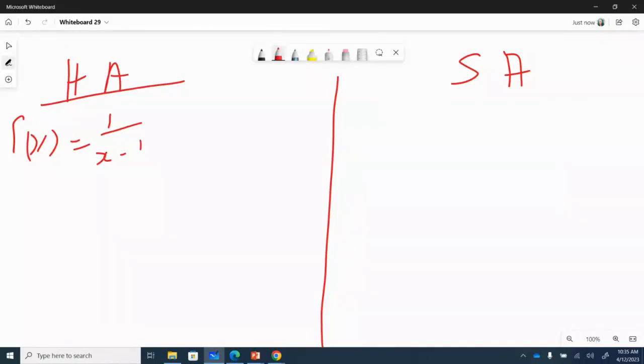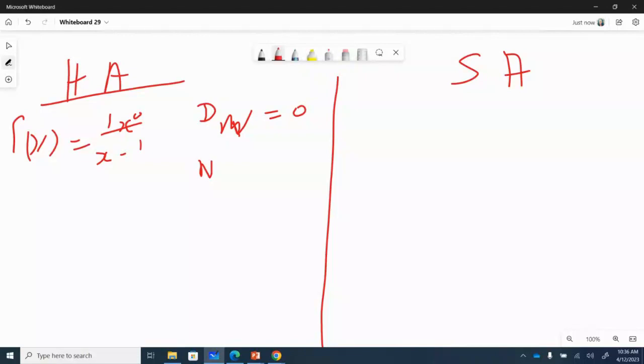The degree of the numerator is 0. Do you know that? x to the power 0 is 1. So the degree of the numerator, dn, is 0.